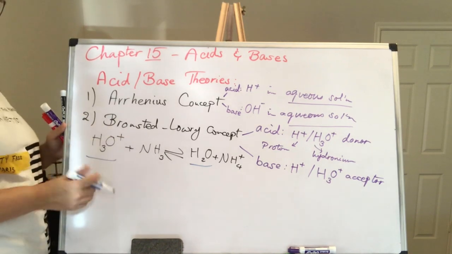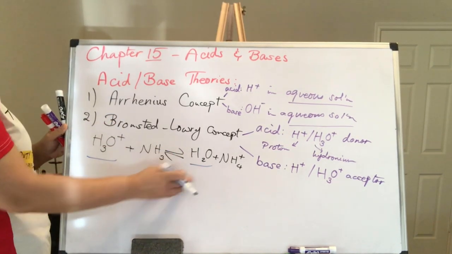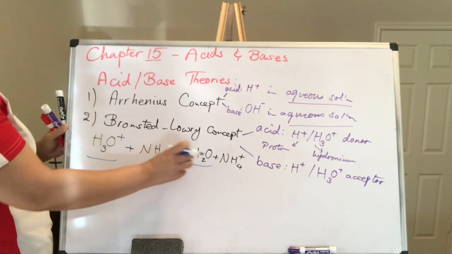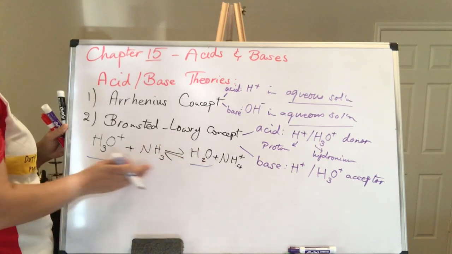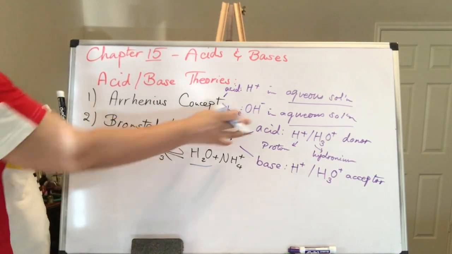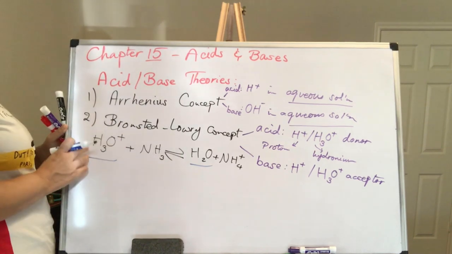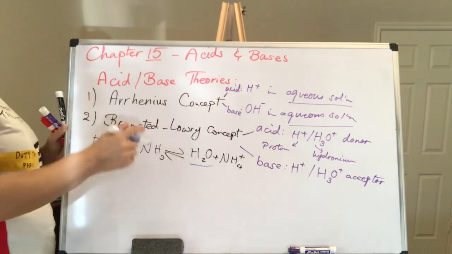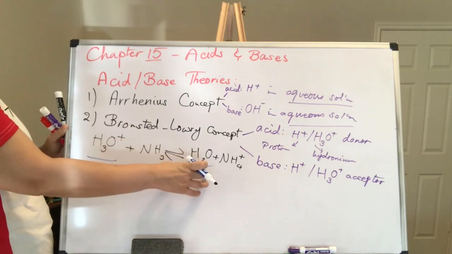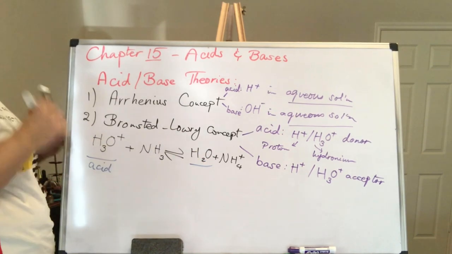So it seems like when H3O changed to H2O, it donated one proton. I hope it's clear. 3 hydrogens, 2 hydrogens. So according to this theory, this hydronium ion should be an acid because it has donated one proton to change to H2O. So we call it an acid.